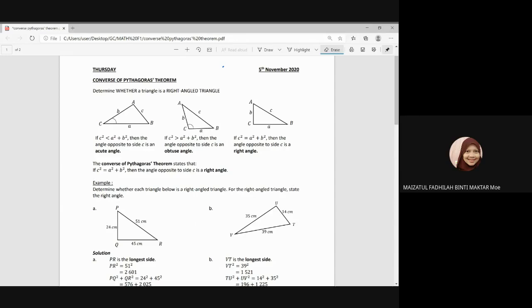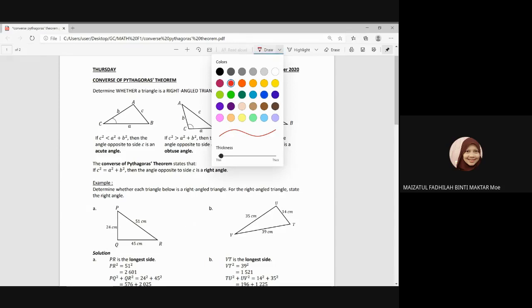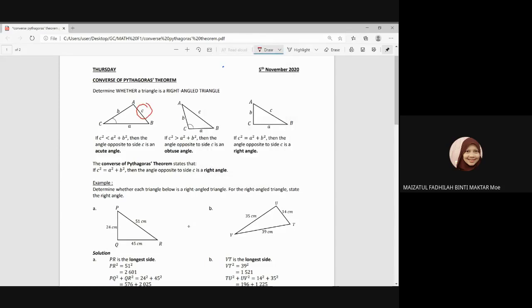Okay, so the first one: if we define the length of C square smaller than A square plus B square, it means the angle opposite to the side C is an acute angle.